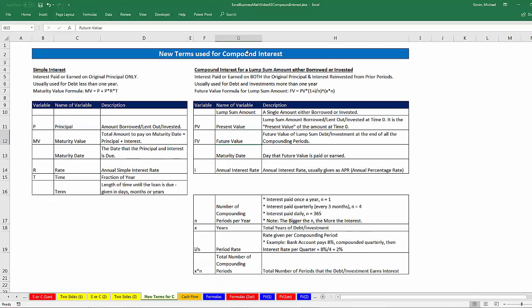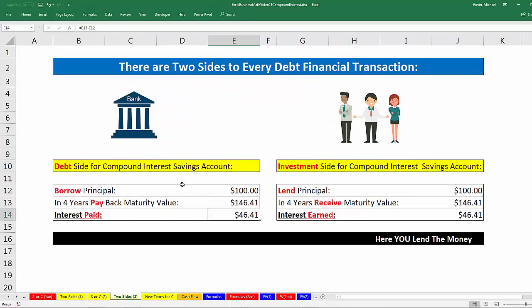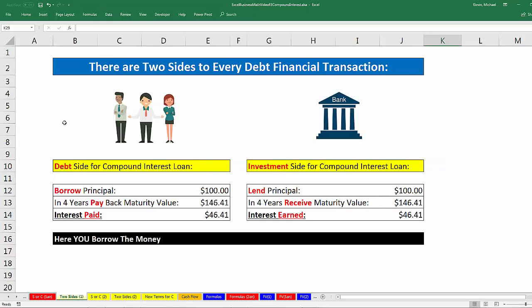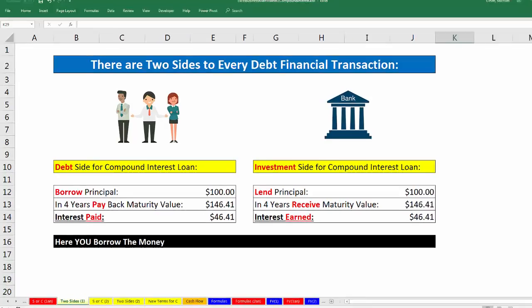We talked about the new terms that we're going to use in the next couple videos when dealing with compound interest. And very importantly, we talked about the two sides. Remember, there's the debt side and the investment side. And when you deposit money in the bank, you actually are making an investment as long as the account pays interest. And of course, when we borrow money, we're on the debt side.